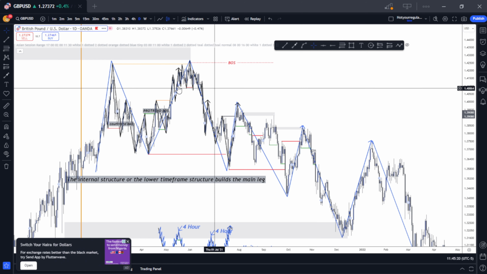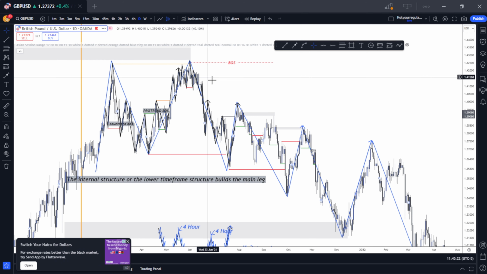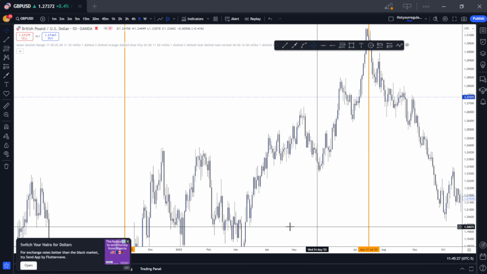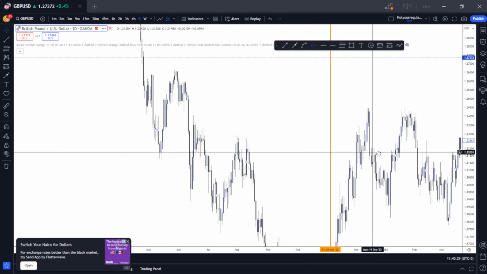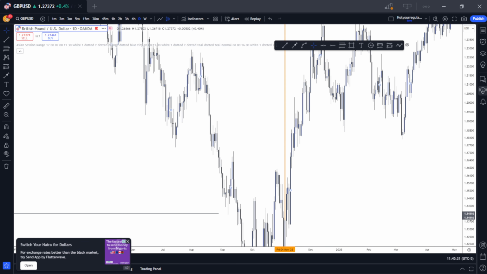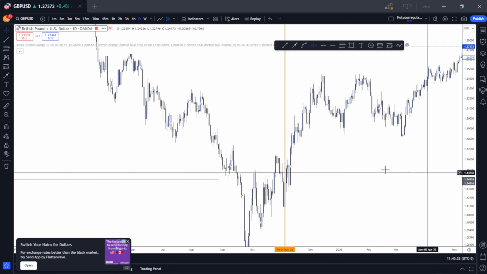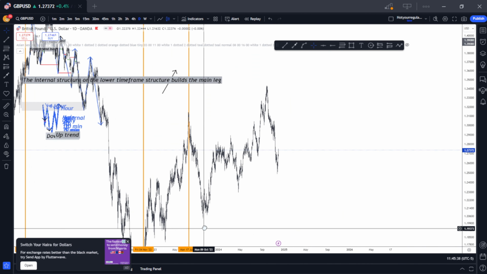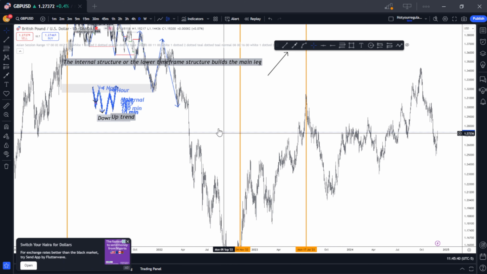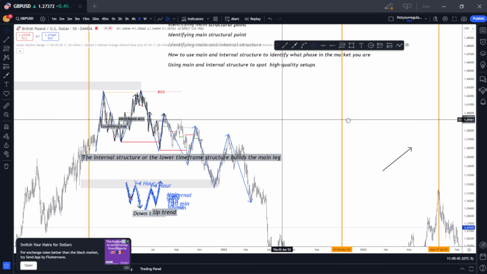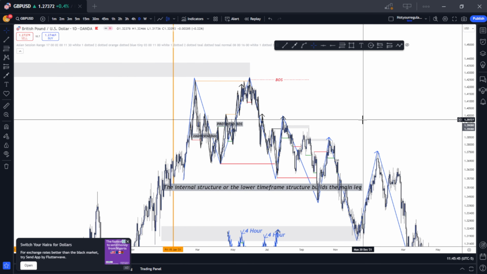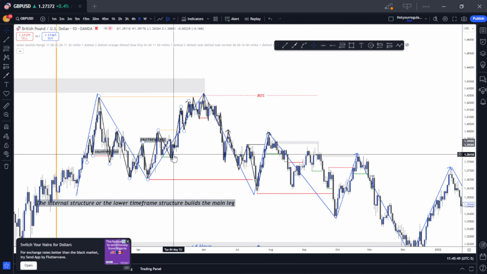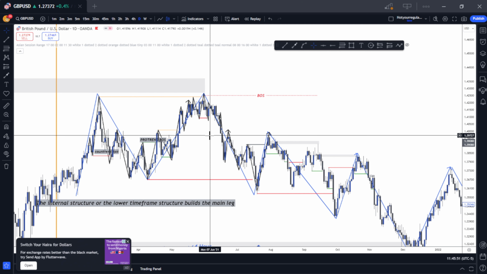So that's it for main and internal structure on a downtrend. Let's see if we can identify that on an uptrend.